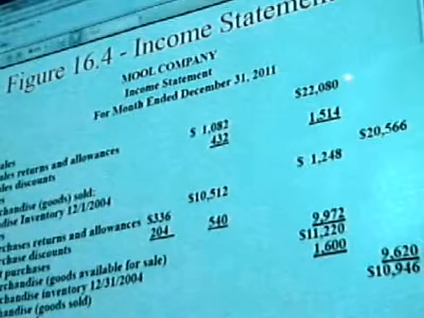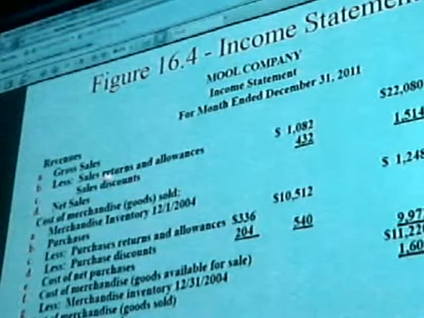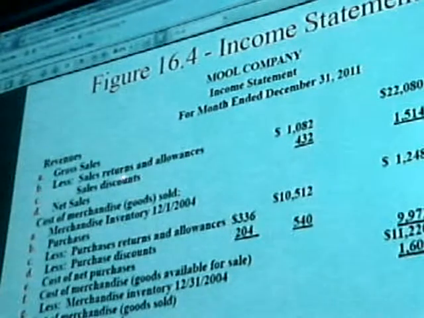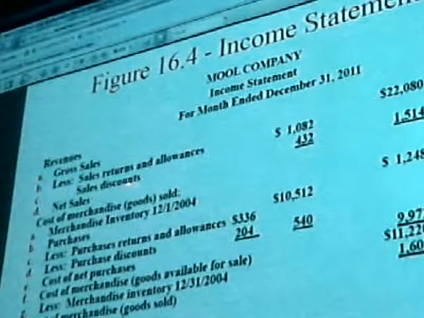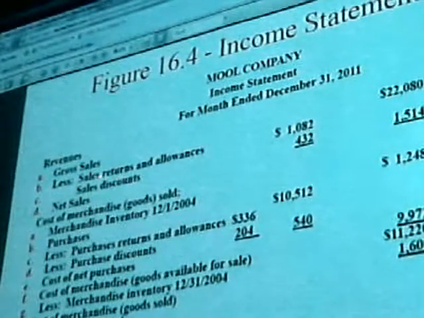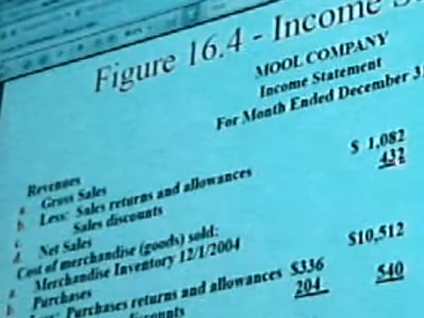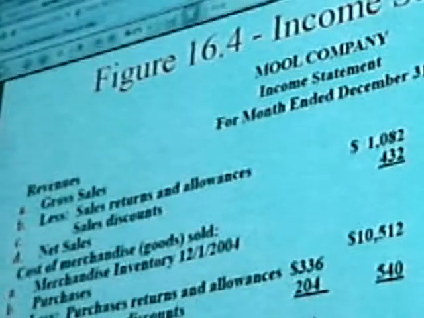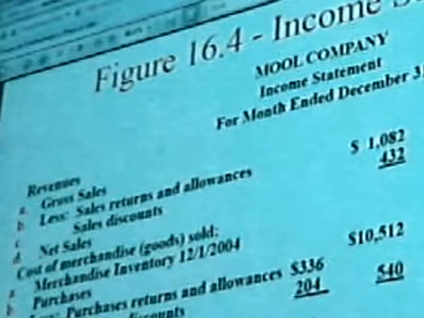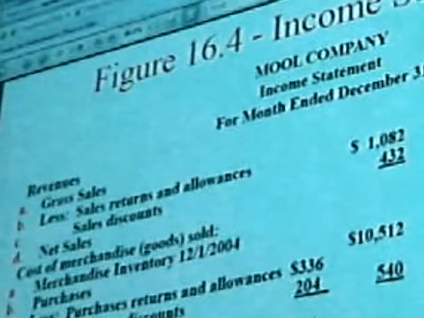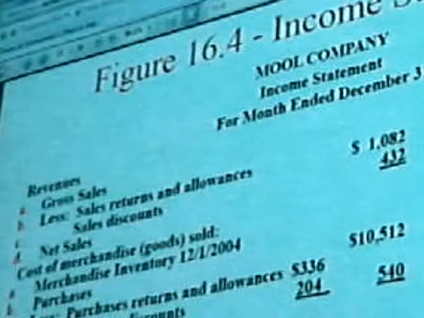Gross sales minus sales returns, also minus sales discounts. So we're going to subtract these two amounts from gross sales, and that gives us net sales. That formula is on the very first slide.